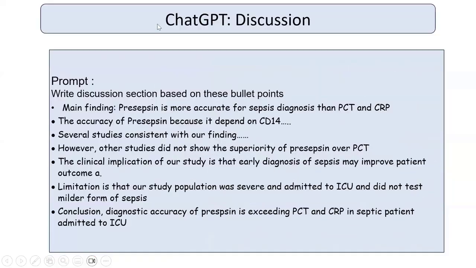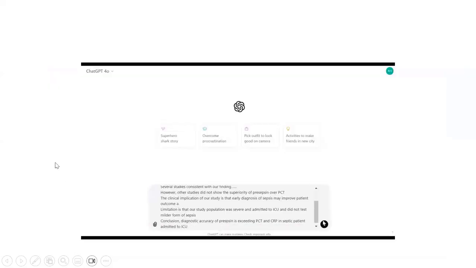If we put all this in the ChatGPT prompt, write the discussion section based on these bullet points as mentioned in the structure of the discussion, and we start by posting this.